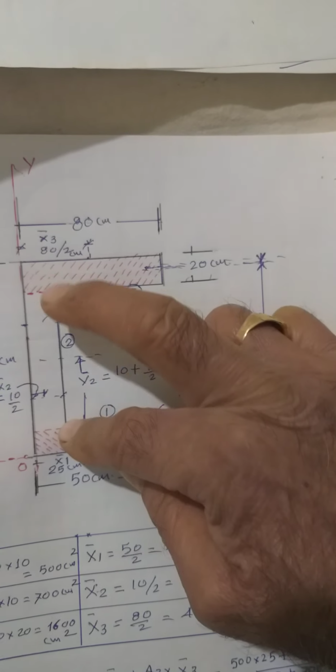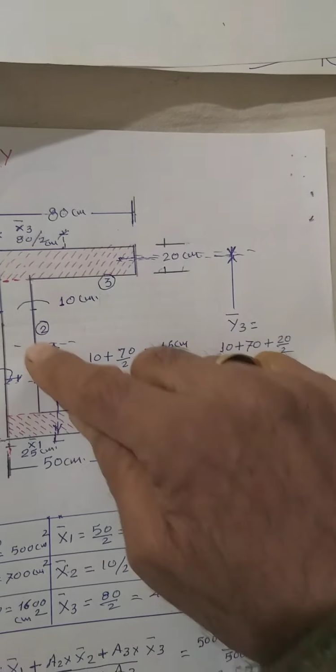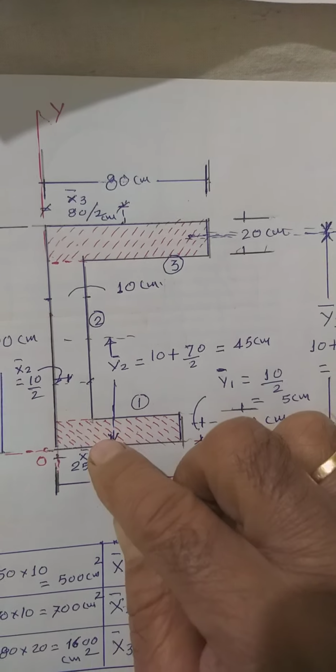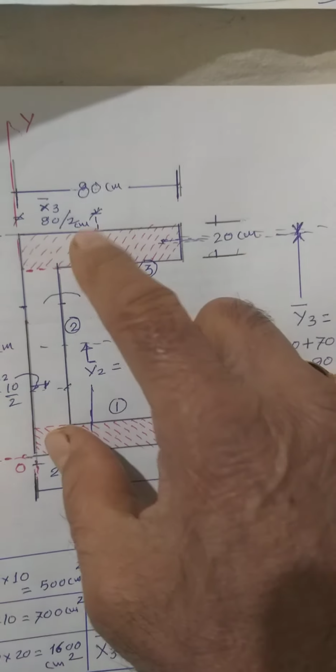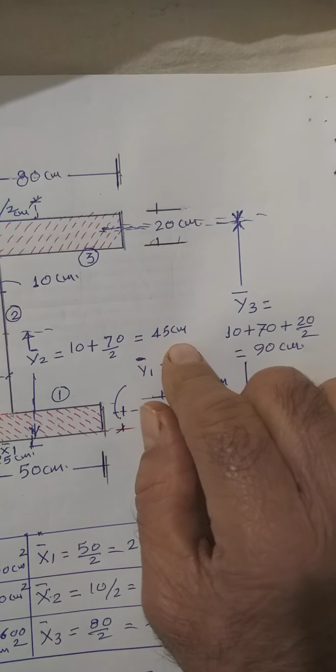The CG of this lies at a distance of 35 centimeter from here. So, 35 plus 10 must be the value of y bar 2. That has been mentioned here itself. Y bar 2 is nothing but this 10 plus 70 by 2, that is 35 from here, it comes out to be 45.